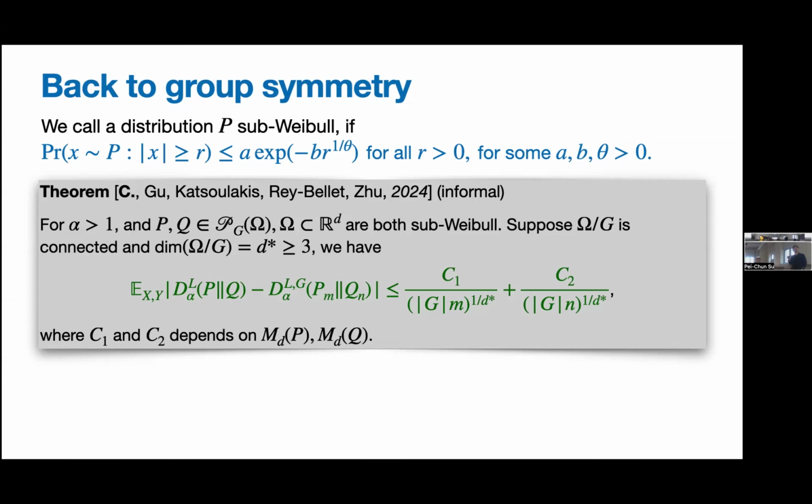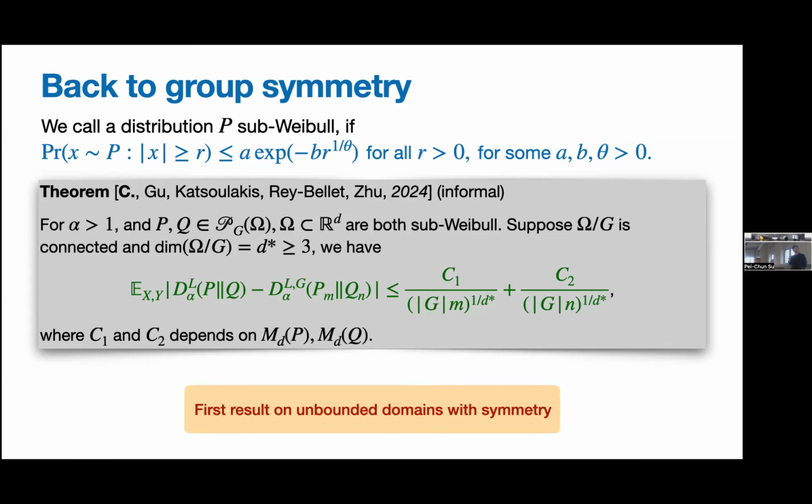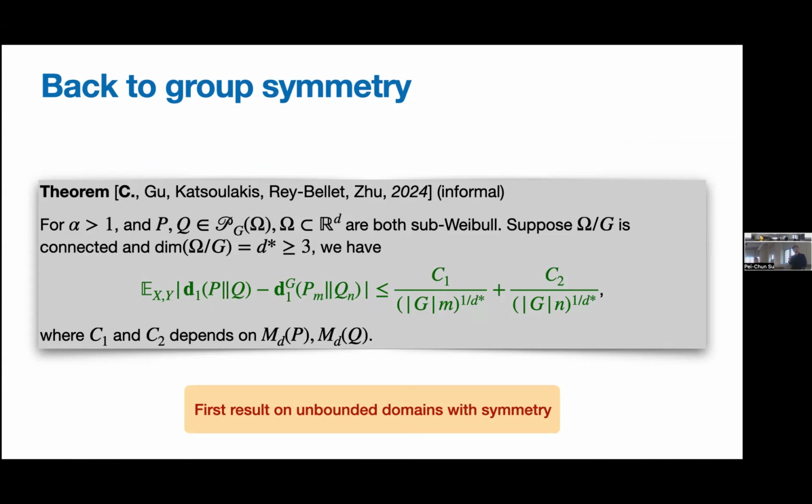Again, you see the gain of the group size here. Now it's an unbounded domain, but C1, C2 depend on the D-th moment of P and Q. This is the first result on unbounded domains with symmetry. Similarly, we can provide the Wasserstein 1 estimation bound for the divergence with symmetry.